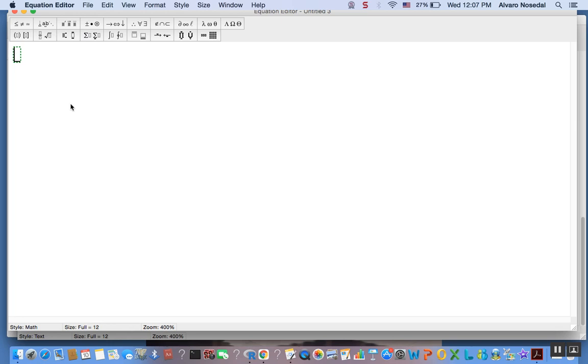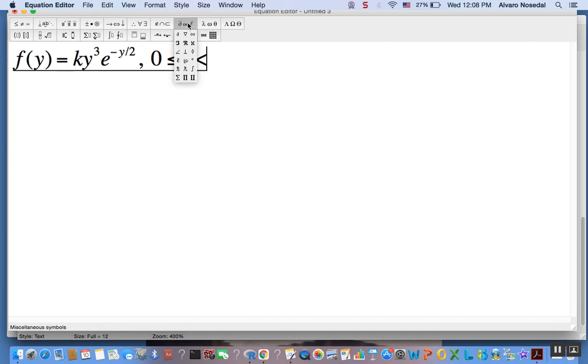So we have f at y equals k y cubed e to the negative y divided by 2, and that's for y's between 0 and infinity. We know that it's going to be 0 elsewhere.